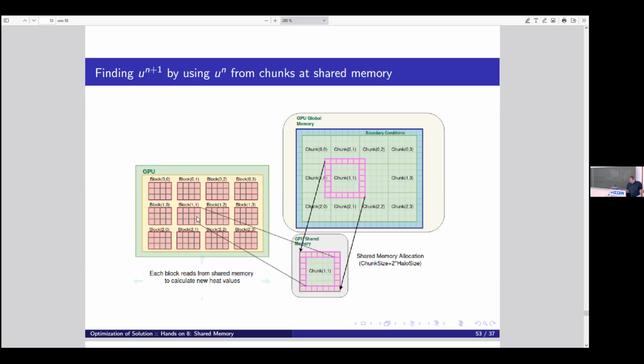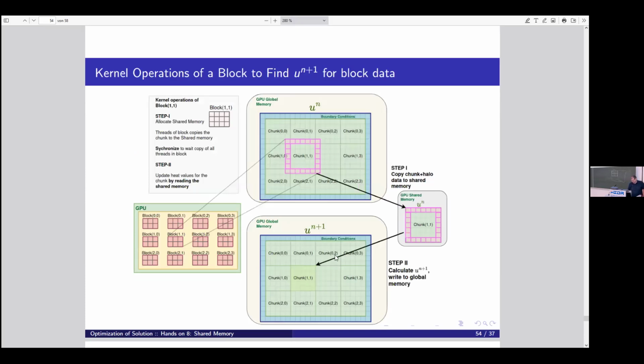But the block is initially responsible for copying the data, together with the halo region, to the shared memory. Then the block is going to process the data to find the next heat values.